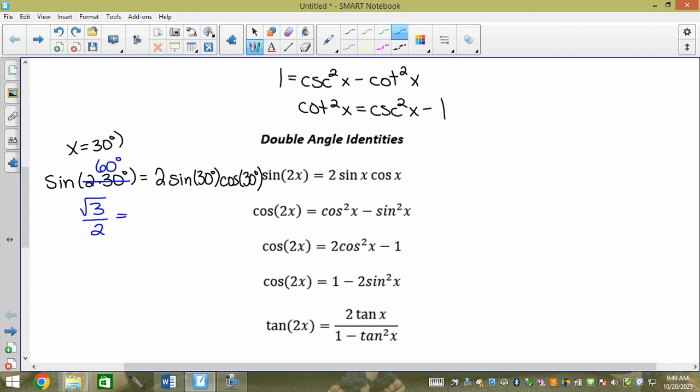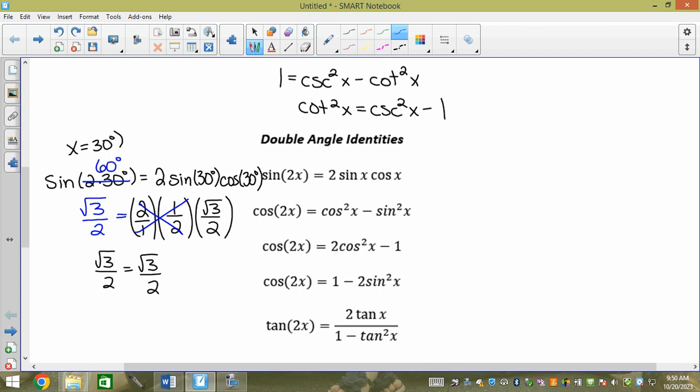And then it has to equal that side if this is true. So it's 2 over 1 times sine of 30, which is a half. Cos of 30, root 3 over 2. What do these do? They just become a 1, right? So it's root 3 over 2 equals root 3 over 2.